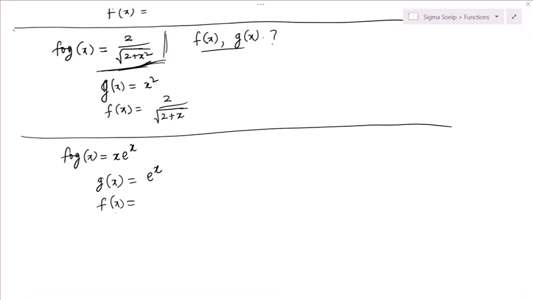My solution is that I see that if I give e to the power x to f(x), how can I get x e to the power x? So first thing is I'm giving this thing. Let me explain to you. That thing is already there. You need to get an x there.